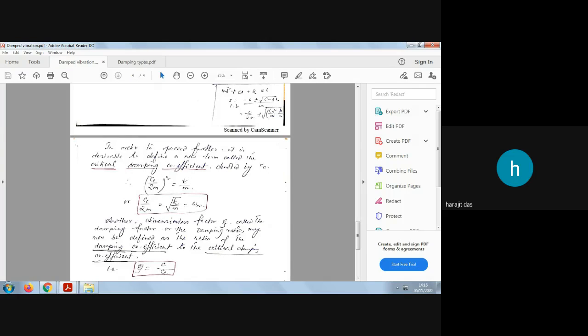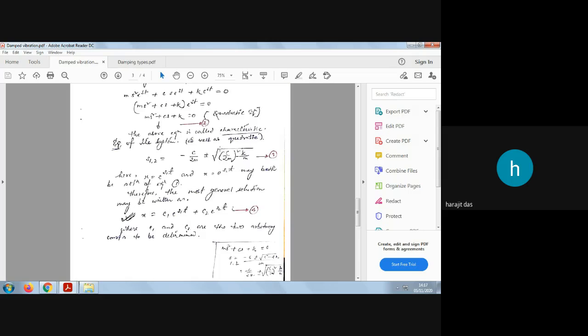This cc is called the critical damping coefficient. In order to proceed further, it is desirable to define a new term called critical damping coefficient, denoted by cc, and cc by 2m whole square equals k by m. This is written with respect to this expression.